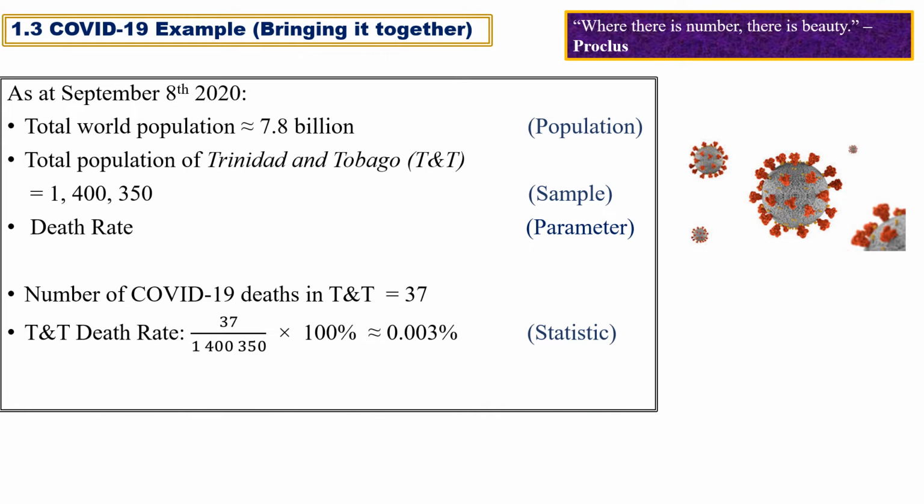And the TNT death rate was calculated therefore as 37 divided by 1,400,350. We multiply that by 100% and we get an estimated death rate of 0.003%. This is our statistic because this is the value of the measurable attribute death rate as it pertains to the sample population of Trinidad and Tobago.